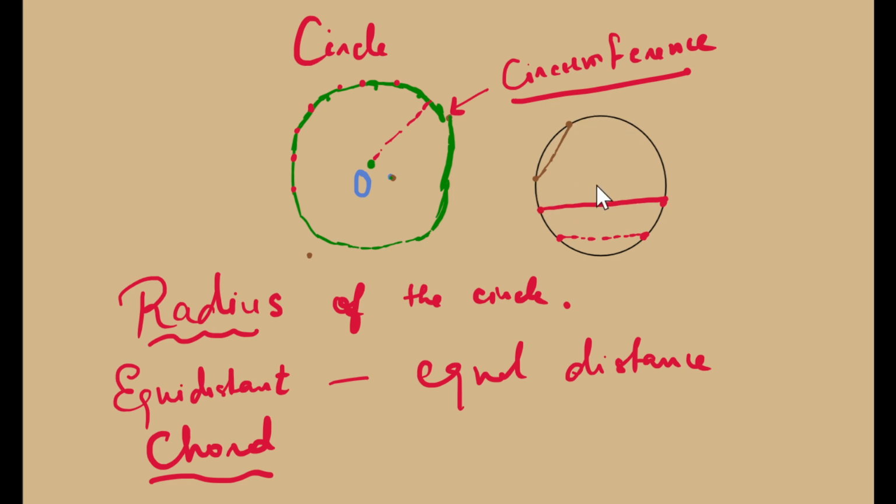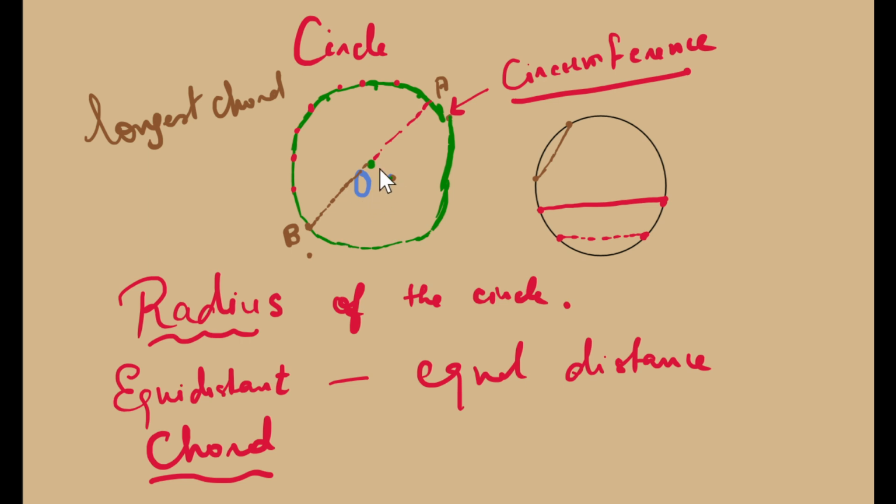But if we draw a chord such that you just extend this radius, if I call this A, if I extend the radius to the other side and touch the other side of the circumference at maybe B, this would be the longest chord of the circle. The line which passes through the center of the circle and touches the circumference on both sides is the longest chord.